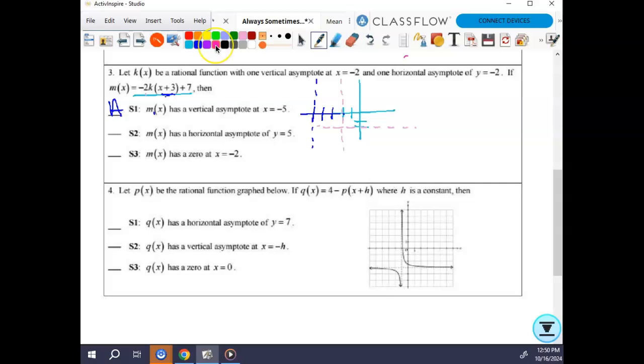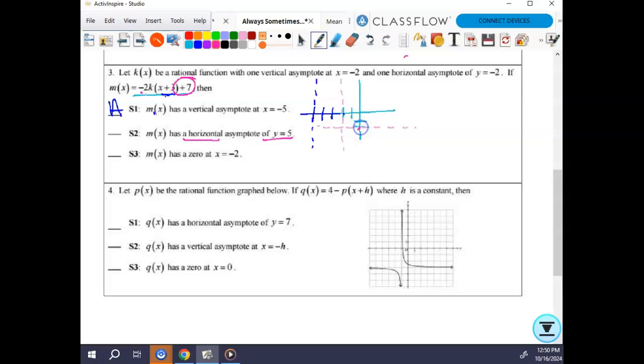So then the next one says, m of x would have a horizontal asymptote at y equals 5. We currently have one at -2. This does mean that I go up 7. So if I'm at y equals -2 and I go up 7, then I would end up at 5. But is that the only thing that affects y? It's not. It's not even the first thing I would do. The first thing is this reflection in the x-axis.